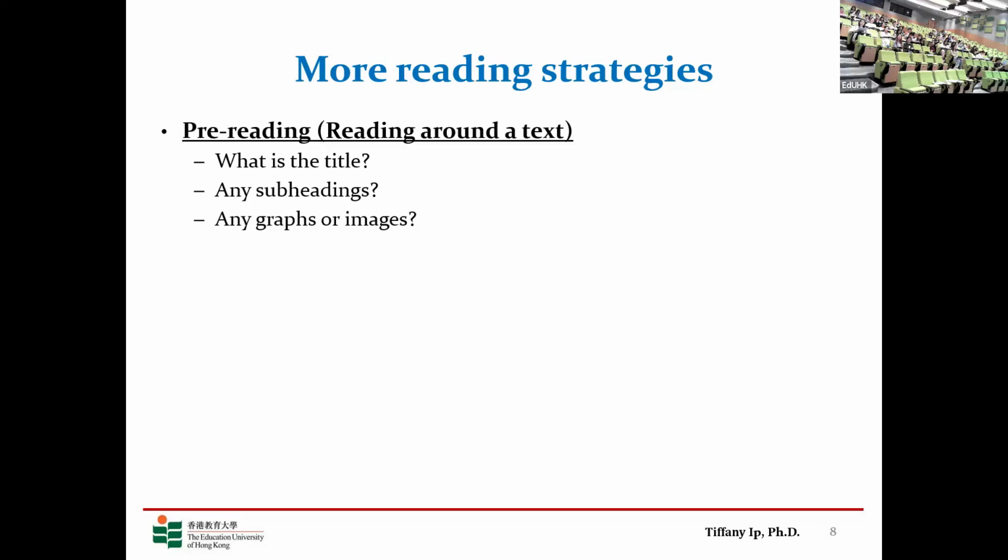So you kind of get what they have done and then how they want to present the ideas, or whether it's a quantitative paper or a qualitative paper. Okay, so also have a quick look at the graphs or images. And then evaluate the reliability of sources. Well, these are a few things.